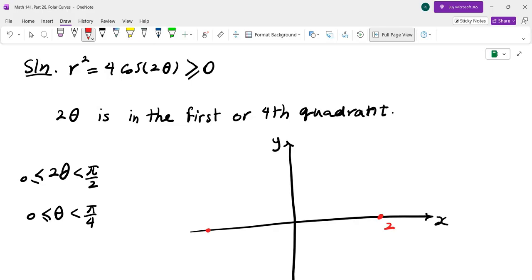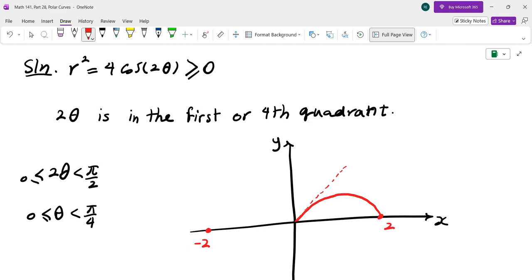So for negative 2, we have the same thing on the other side, because the distance is 2 and theta is 0. But if your distance is like negative 2, it would be on the other side. And then we go all the way to pi over 4. So it looks like this.